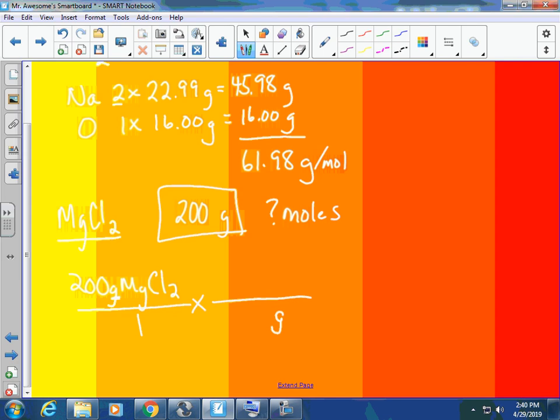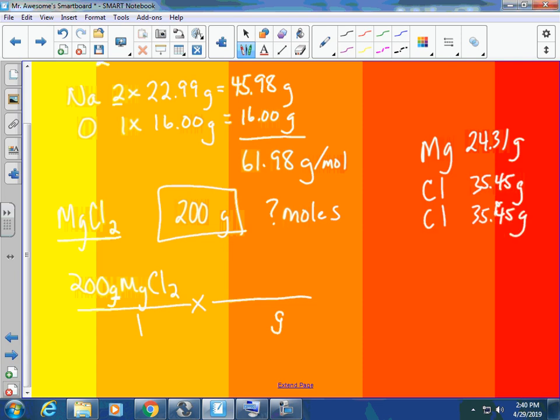So MgCl2 molar mass, I have Mg and I have 2 Cl's. So I turn to my periodic table again, and Mg has a mass of 24.31 grams. And then I have 2 chlorines. 35.45 is their mass. Okay. And then I need to add those up.